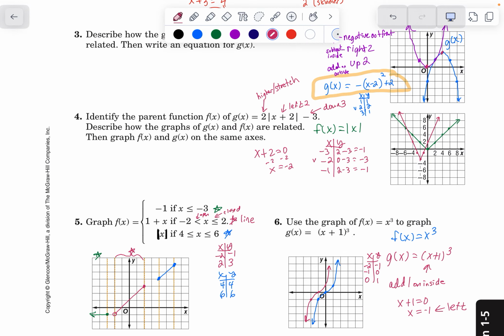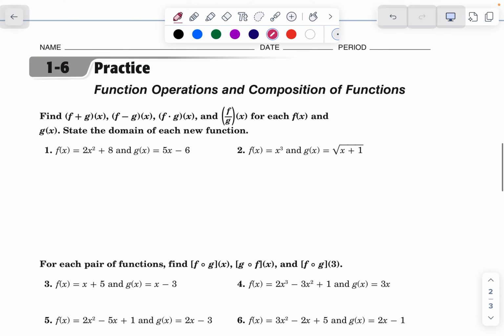Okay, function operations will be the next part. Let me see if I can get this so it's not quite so wonky. There we go.